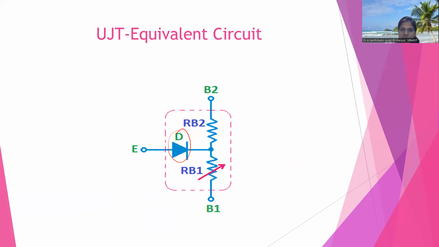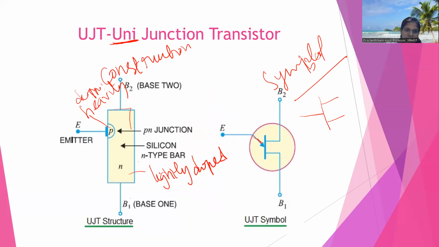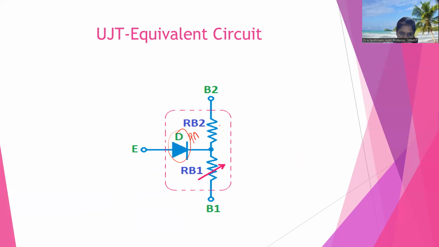Once again, how do we draw the equivalent circuit? The construction consists of one PN junction, represented by a diode. The N-type bar is lightly doped, so there is a high resistance between terminals B1 and B2, which we represent as RB1 and RB2.